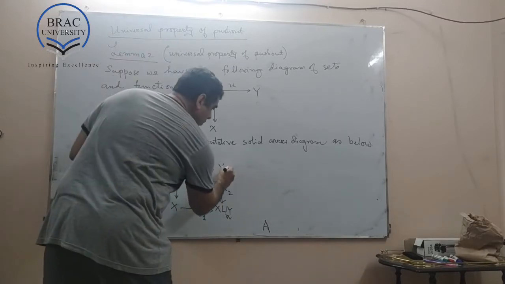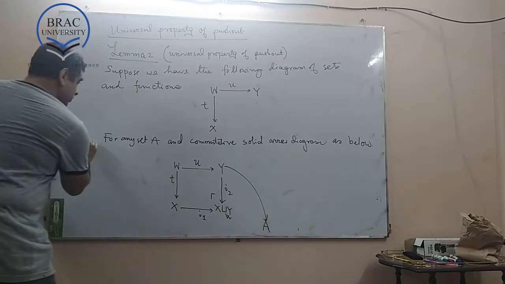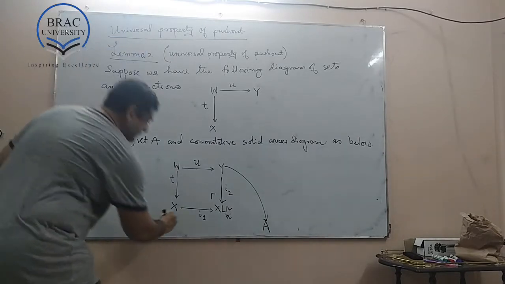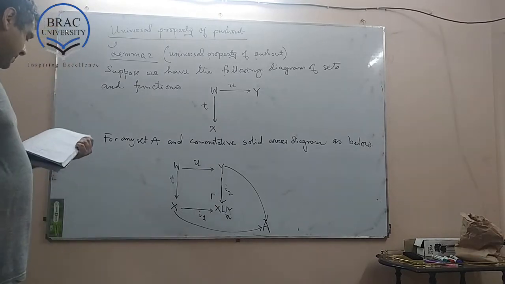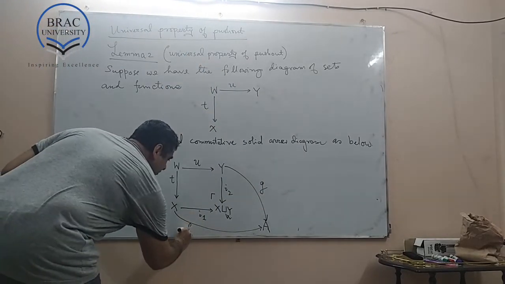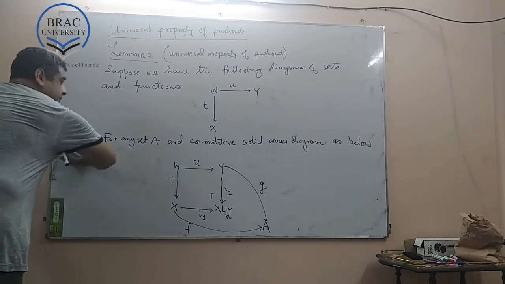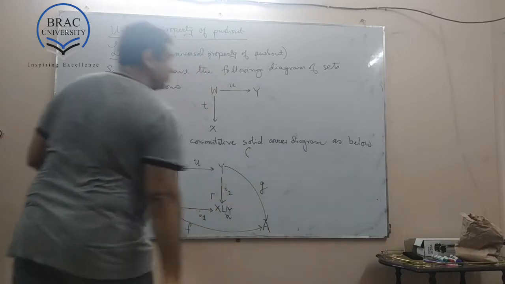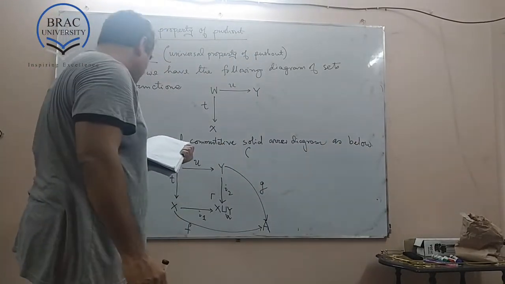So let me draw it first, and then I'm going to write something here. Bracket. Okay. This is G. This is F. And it tells you that a continuous continues after as below, inside bracket.